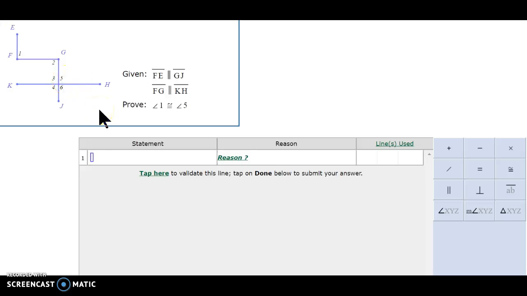So this is unlike the previous video where we were only asked to apply pretty straightforward properties.